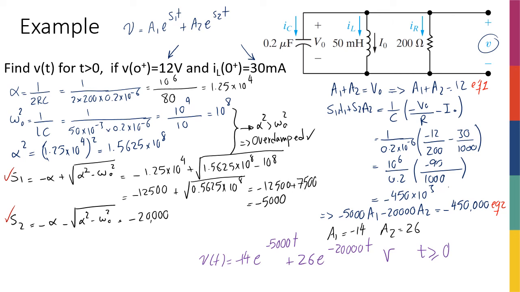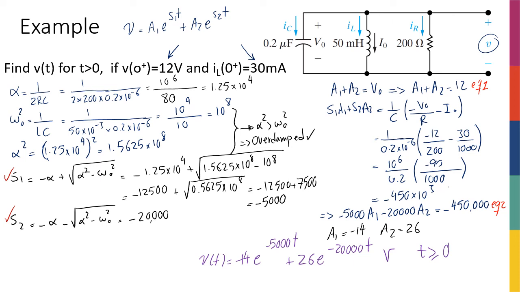Now that we know it is overdamped, we use the S1 and S2 expressions, so we just plug in the numbers for alpha and omega naught, and we find the numbers for S1 and S2. Once we have S1 and S2, we write the two equations, two unknowns, based on the initial conditions, and we find A1 and A2. And once we have these four parameters, we have the expression for the voltage across the three elements.